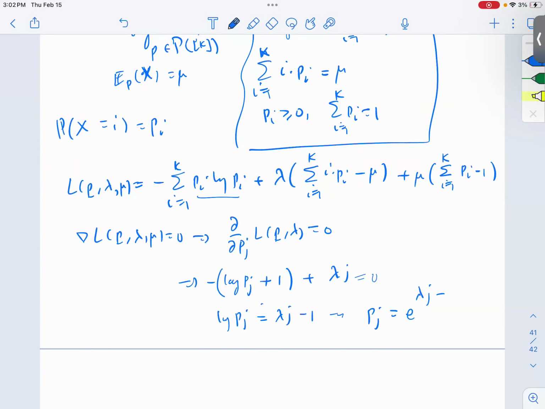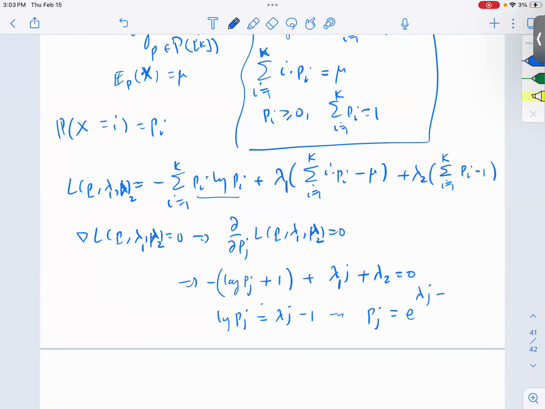You get log Pj plus 1 plus lambda 1 j plus lambda 2 equal to 0.